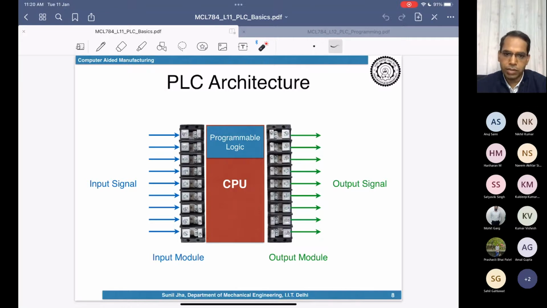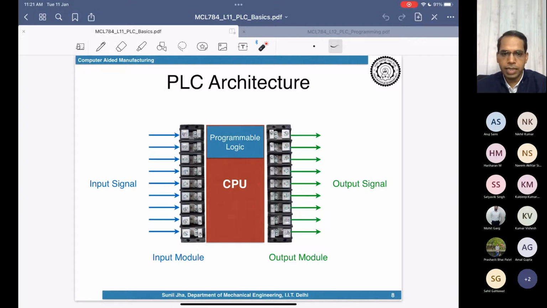There are many ways in which you want to control the fire. Based on this input signal, whenever it is available, you want to do some action, and these actions are executed with the help of an interface to the output module. So you have an input signal for sensing, an output module for actuation, and in between resides the logic. Those are the three important elements of a PLC.